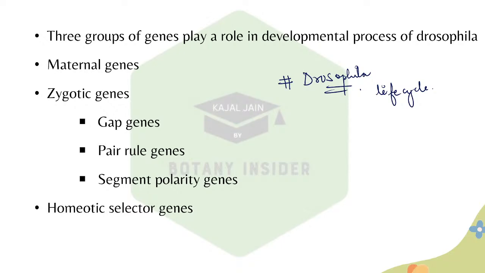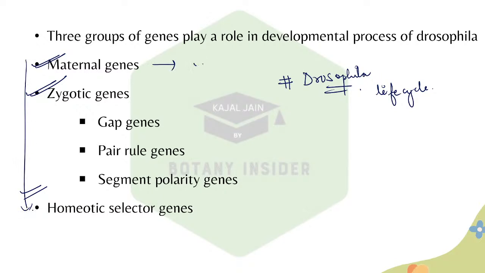Then we discussed that a number of genes are involved in the developmental process of Drosophila. The complete group of genes involved includes the maternal genes, the zygotic genes, and the homeotic selector genes. Remember, all these three categories work in a sequential manner.